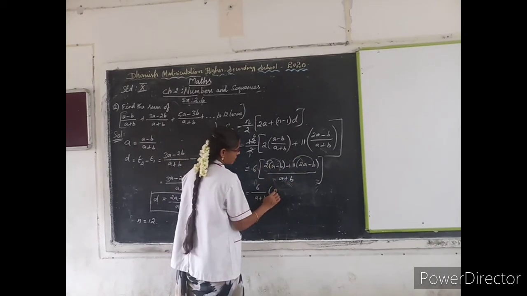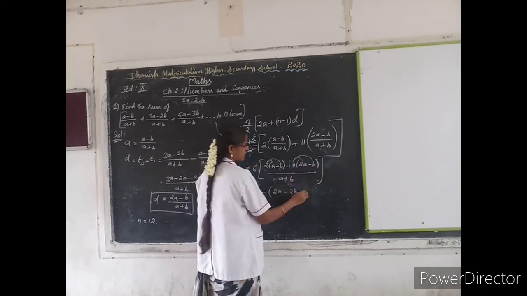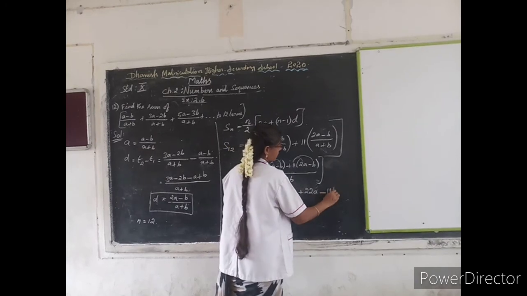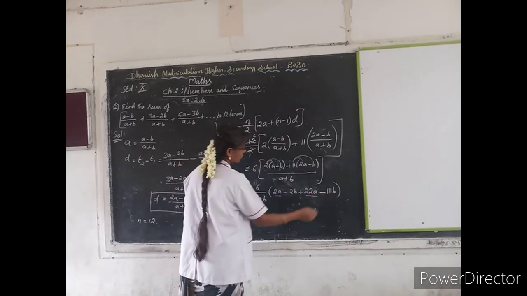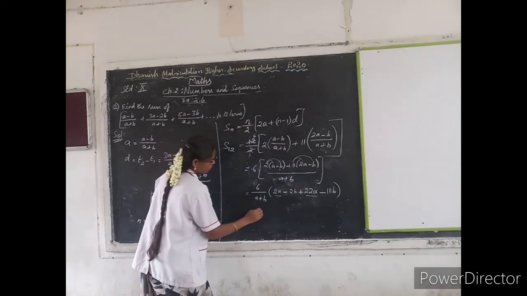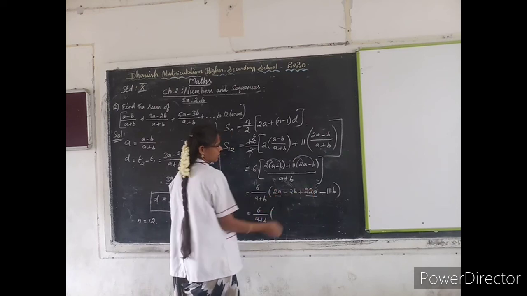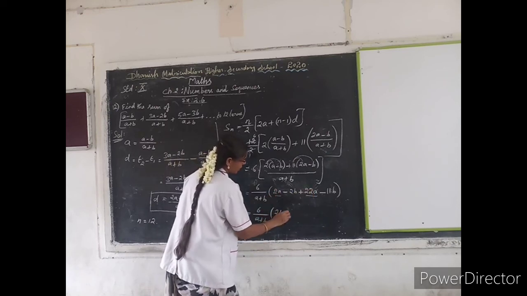So 2a minus 2b plus 2 11s are 22a minus 11b. How many a terms? 2a, here 22a. Both are positive. So 6 by a plus b into 2a plus 22a is 24a.